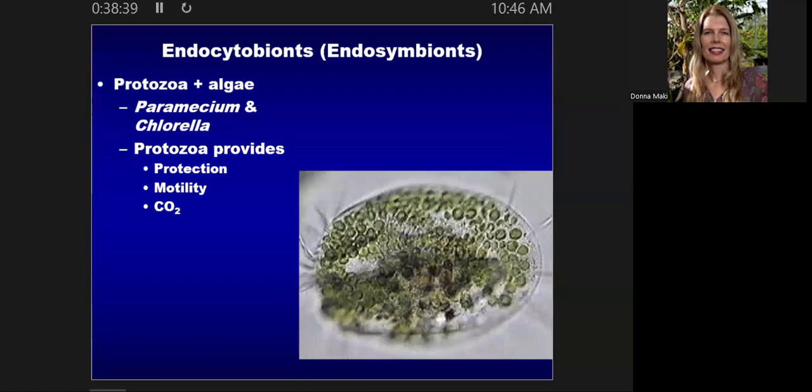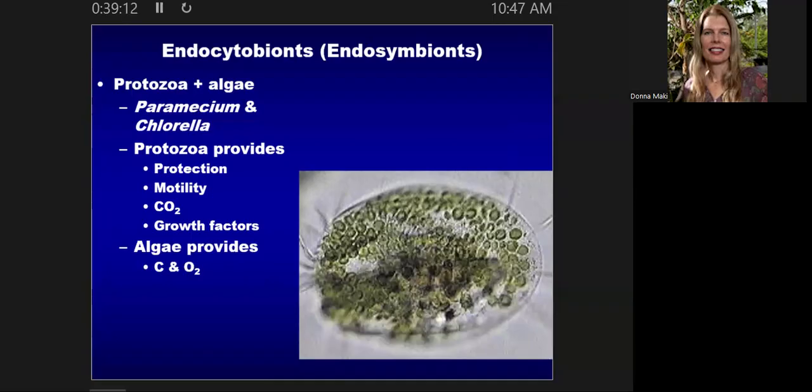The Paramecium is doing respiration, which provides CO2. That's good for the Chlorella because it's doing photosynthesis, taking in CO2, fixing it into carbohydrates. And the Paramecium also gives growth vectors. So it's this mobile unit that the algae gets to hang out inside of, gets access to sunlight routinely because it can be moved around. And then the algae is providing carbon through photosynthesis, oxygen through photosynthesis.